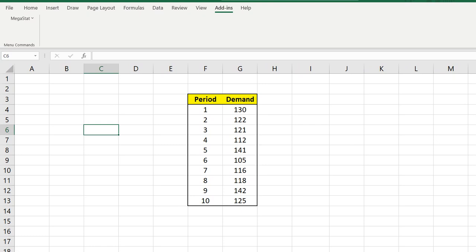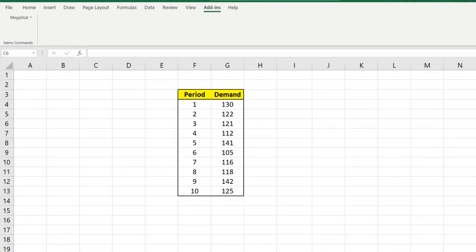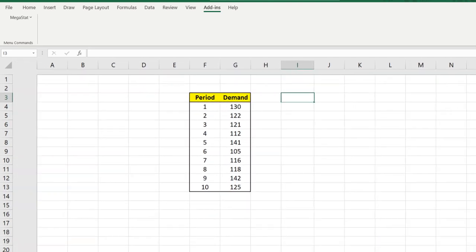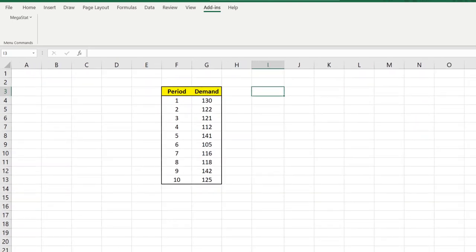Alright, and what we want to do is first do a time series plot, right? The one that I did first. So to do that one, let me shrink this a little bit. Okay, so here's the easiest way. You just highlight these 2 columns: left click, hold, and drag, so you highlight the graph region.